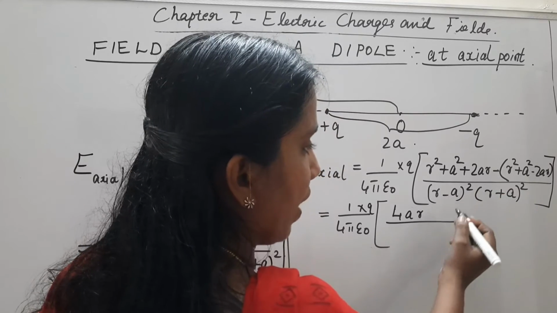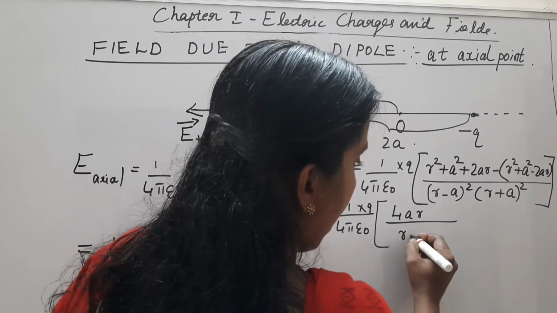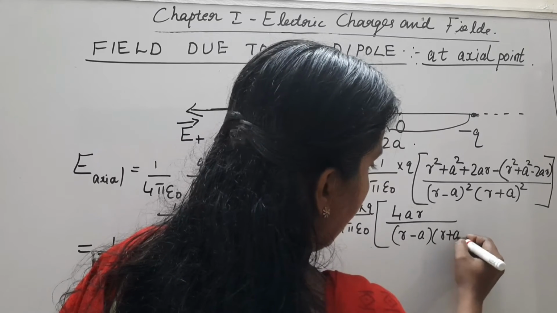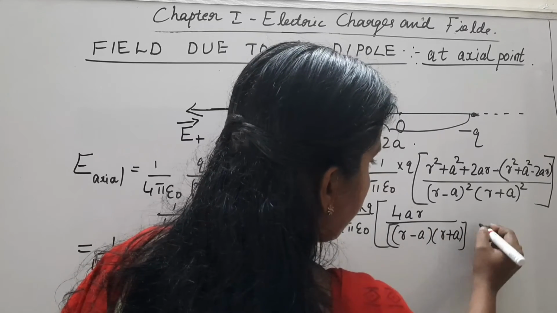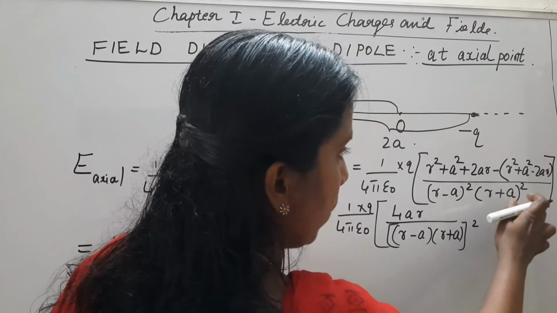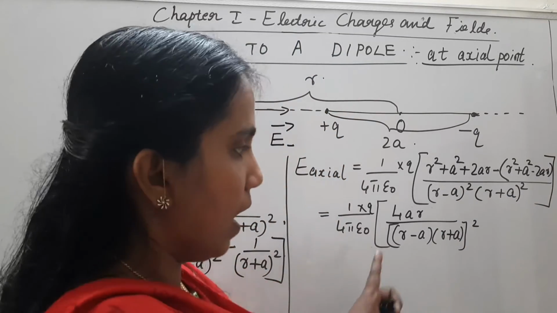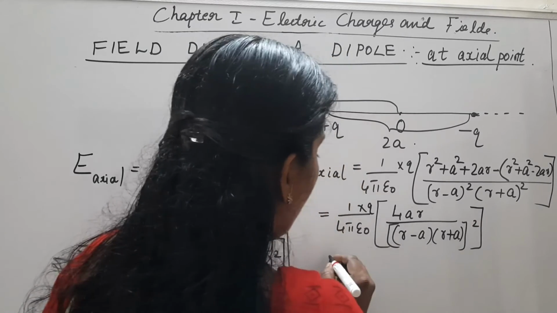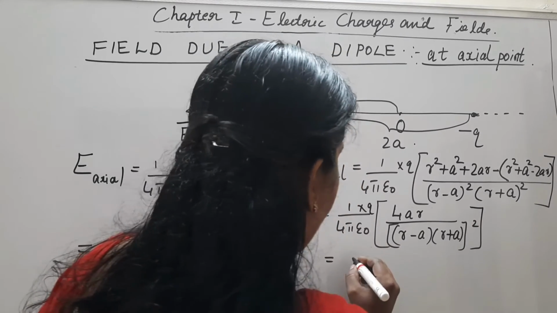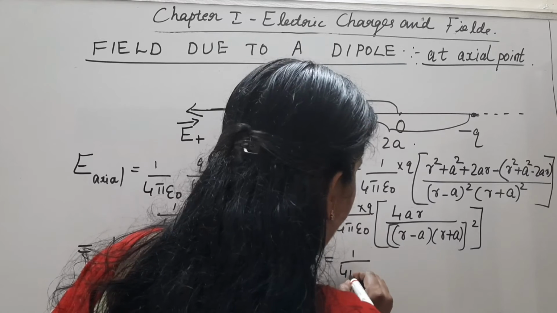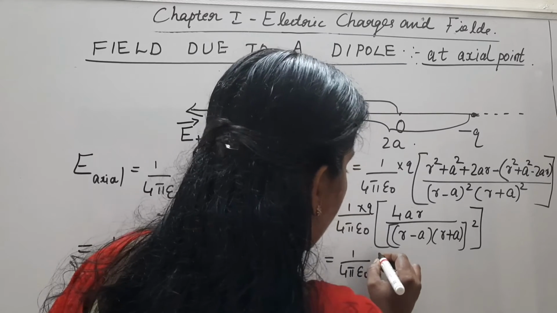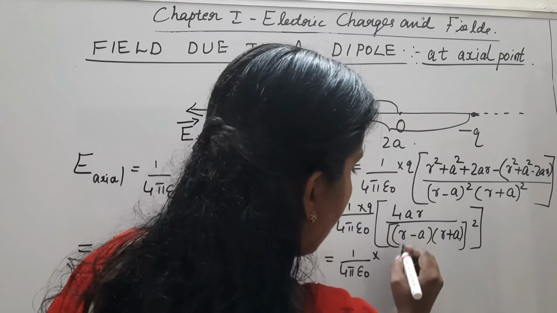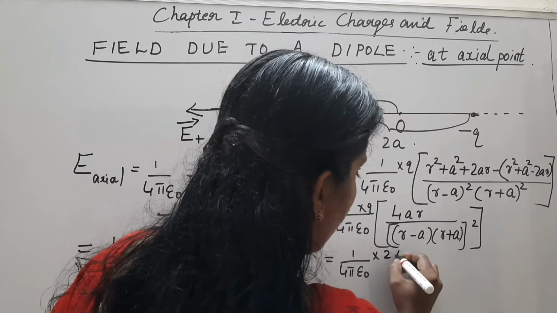Again you can simplify. This is the same as R minus A into R plus A the whole square. So R minus A square into R plus A square can be written as R minus A into R plus A the whole square. Now close the bracket. So what we have is 1 by 4 pi epsilon 0 into, this I am splitting 4A as 2 into 2A.